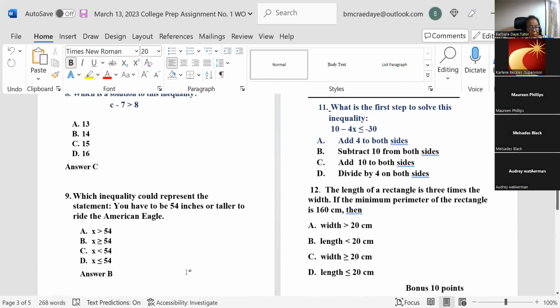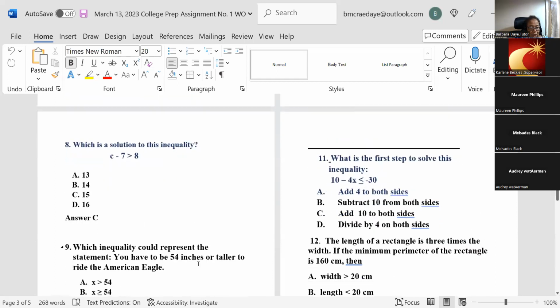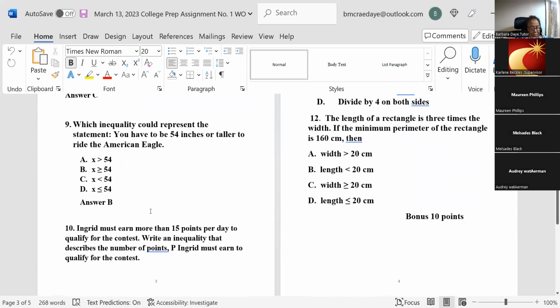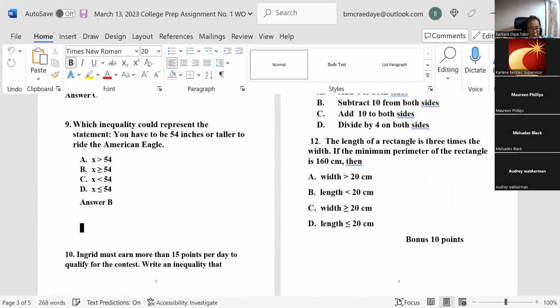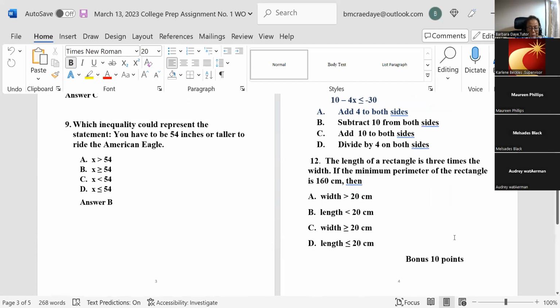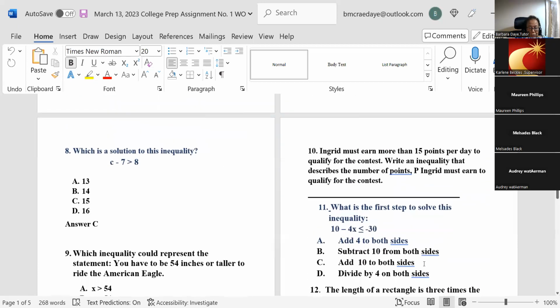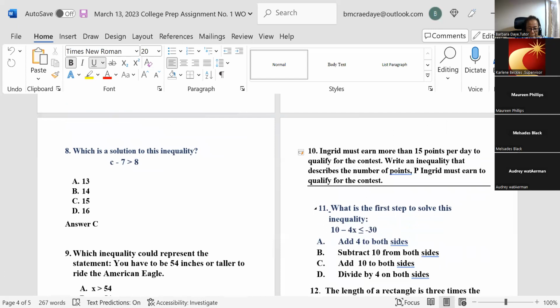Okay. Let's go to number 10. Okay, number 10, Audrey. What's the answer? P greater than 15. Yes.